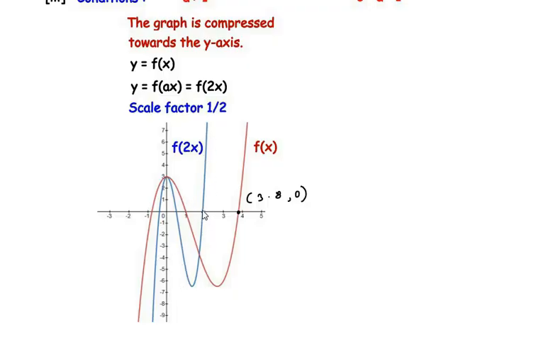So this is the point, that is (1.9, 0). Similarly, you can take any point on the parent graph and check it out. So you can see that this is a compression of the original parent function towards the y-axis. This graph has compressed towards the y-axis this way, and this has gone inwards this way.